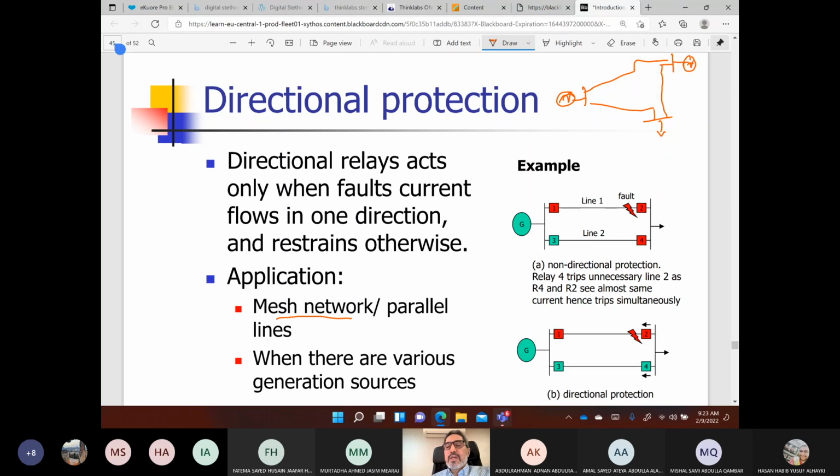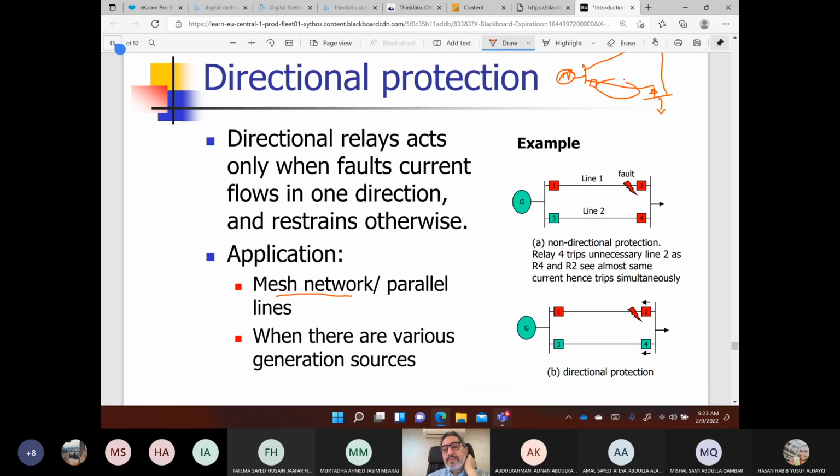So in these situations, you cannot protect this line using non-directional relays. You should have directional relays. Now let's see this situation. A fault is very close to breaker 2. In this system, I have a relay here, non-directional, and a relay also at 1.